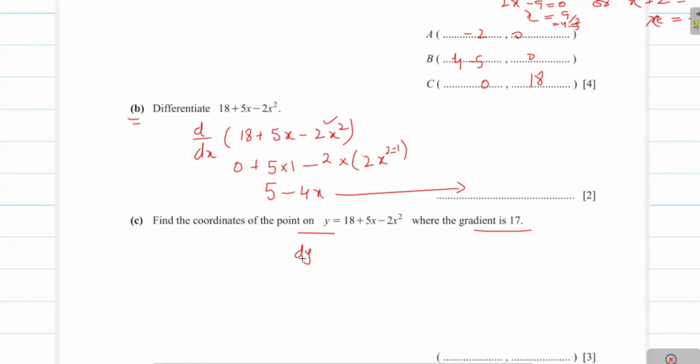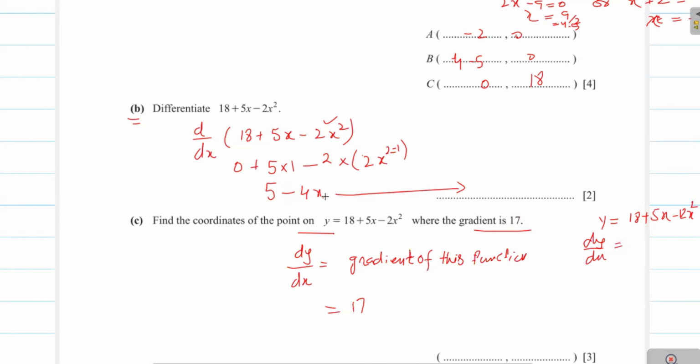You know the derivative of y with respect to x is equal to the gradient of this function, and you see here the gradient is 17. The derivative dy over dx of y equals 18 plus 5x minus 2x squared will be equal to 5 minus 4x.